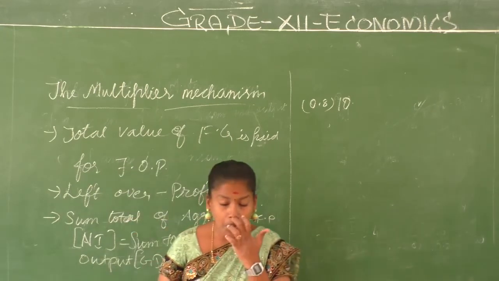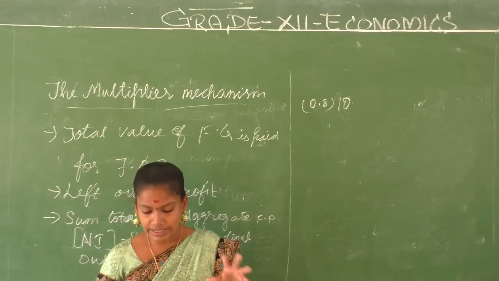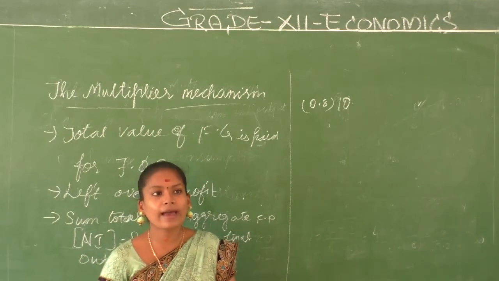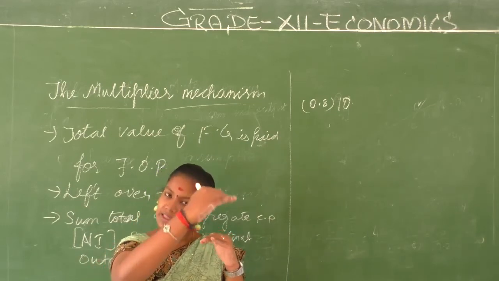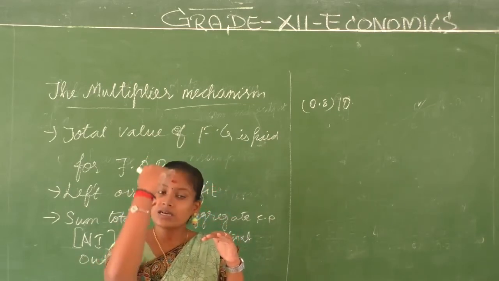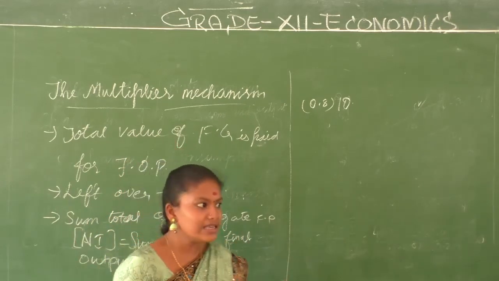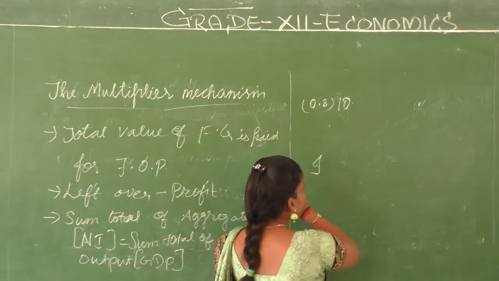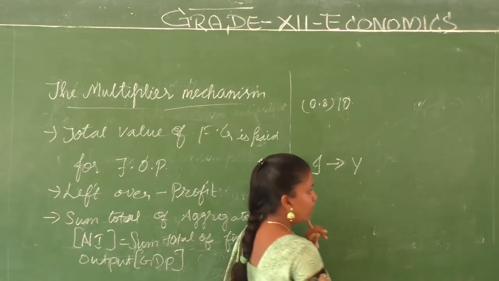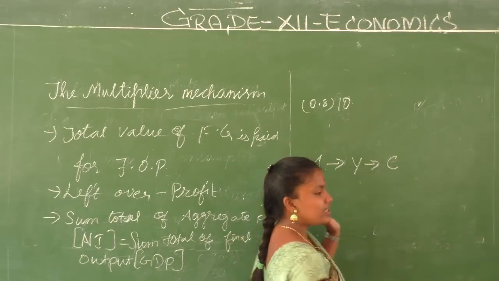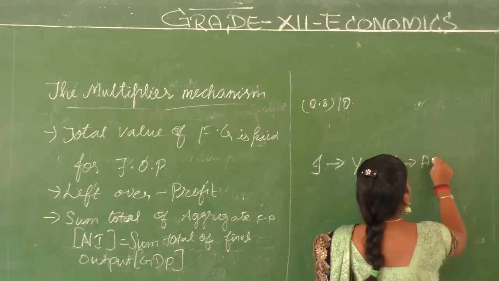This process goes on round after round with producers increasing their output to clear the excess demand in each round. Whenever the investment is increased, it will increase the income. When the income is increased, consumption increases. Consumption increases, the demand increases. Demand increases, the investment increases. See how it happens? The initial increment in investment leads to an income increase, which leads to a consumption increase, and the aggregate demand will increase.